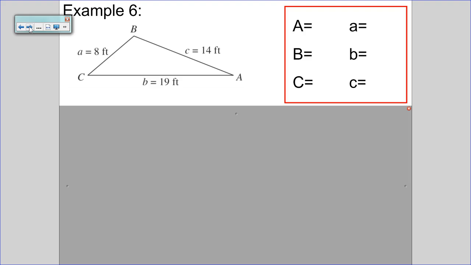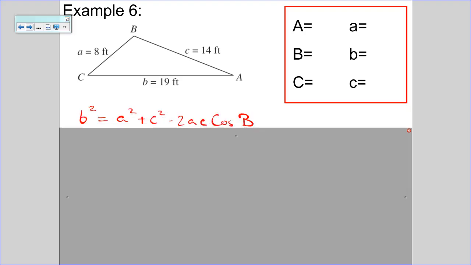The issue is that when you do your next step, you might have to fend off an extraneous solution, and you can avoid that. It is possible. Okay, so here we go. First, we decide what formula we're going to use. We said the b squared one.